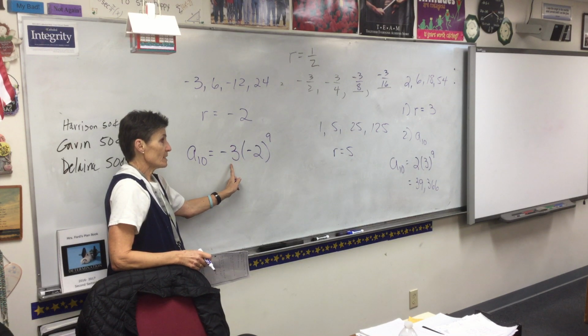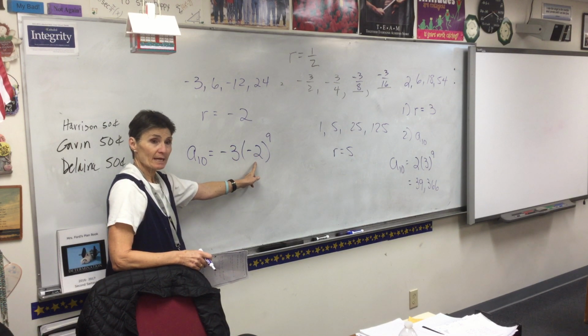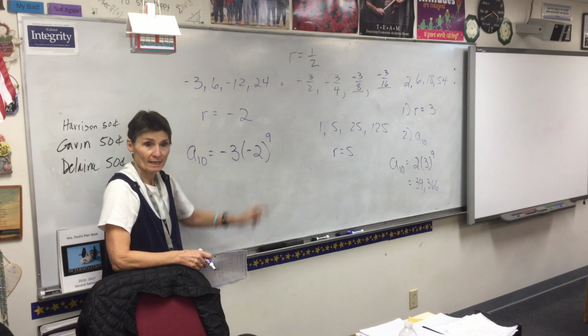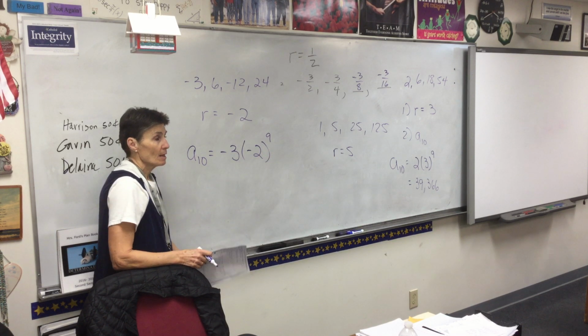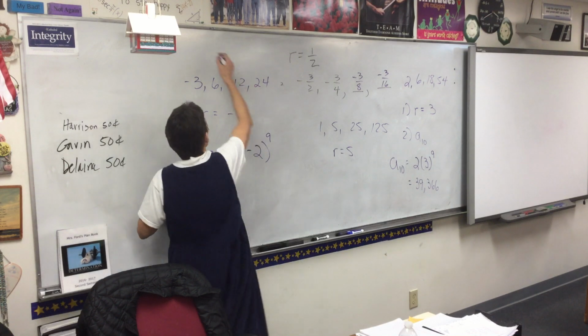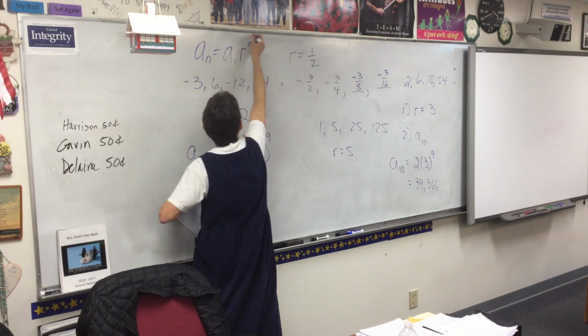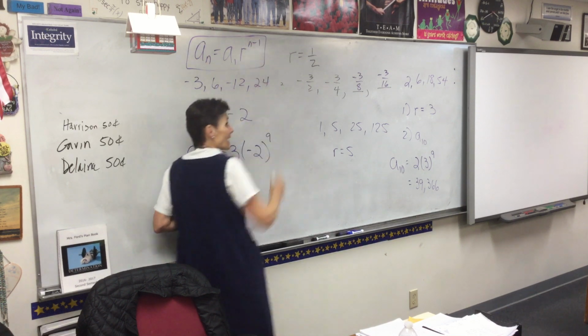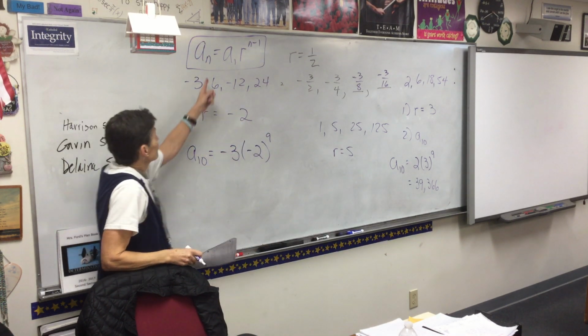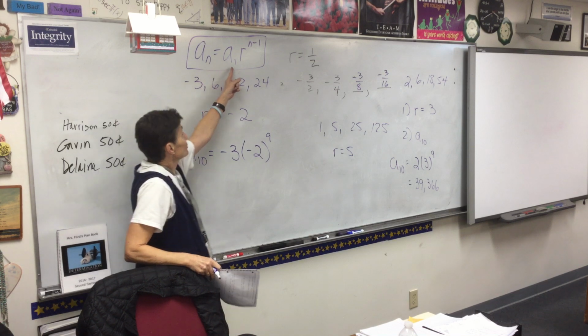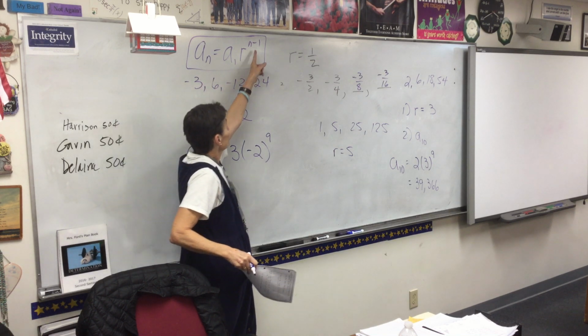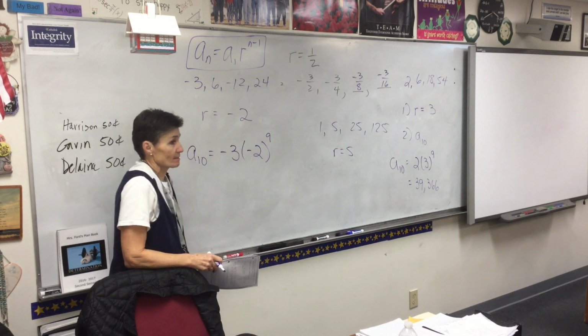We start with the first term, and then we multiply it by the ratio to the 1 less power. Mathematically, that looks like this. I don't want to confuse anybody with a bunch of letters, but that's what you're doing. To find a term, you start with the first term and multiply it by the ratio to 1 less.